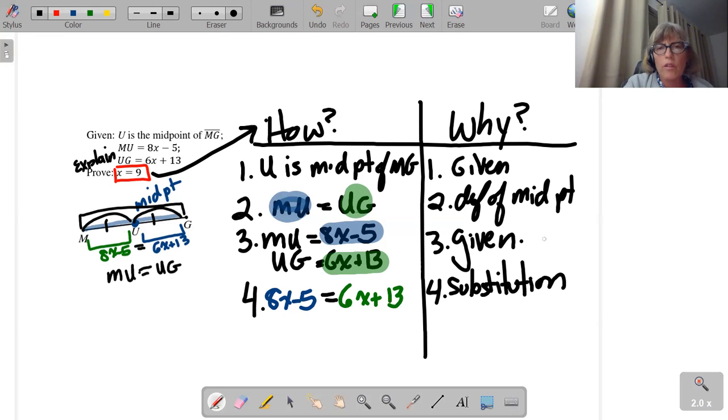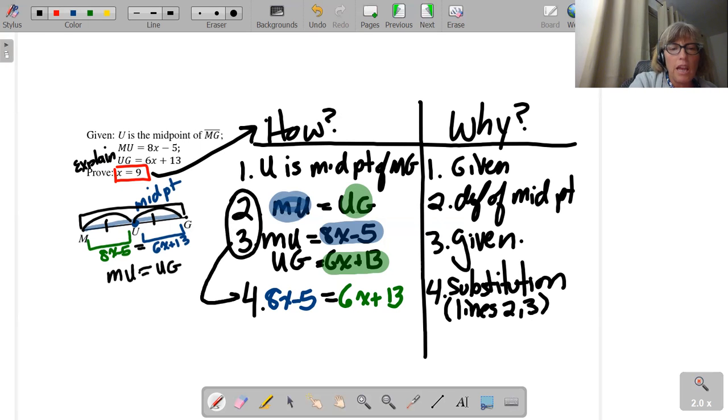And I'm not sure if your teacher requires this, but I do. When you say substitution, you need to specify which lines you used to substitute. And we used lines 2 and 3. So we put together 2 and 3 to get line 4. That's what substitution means.